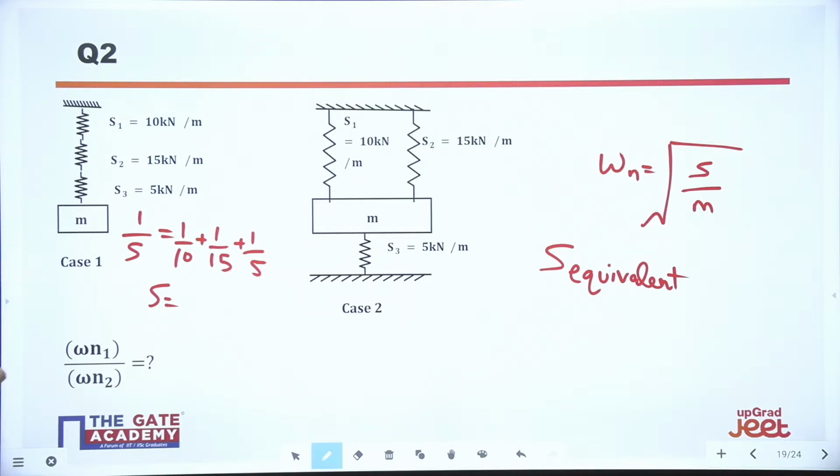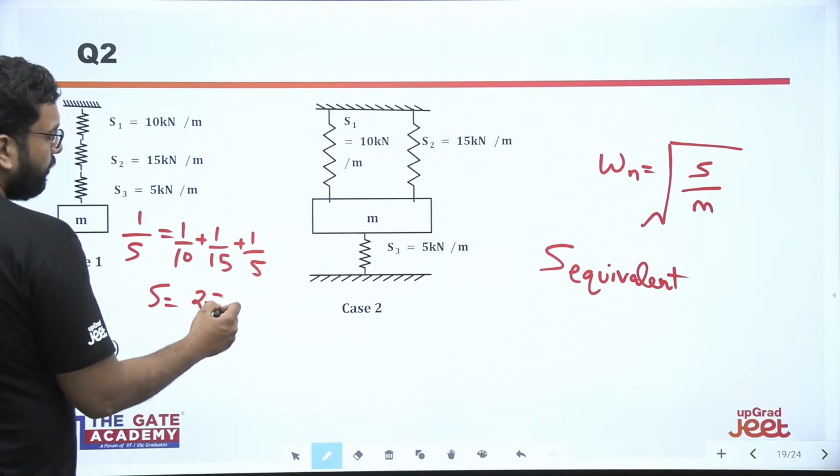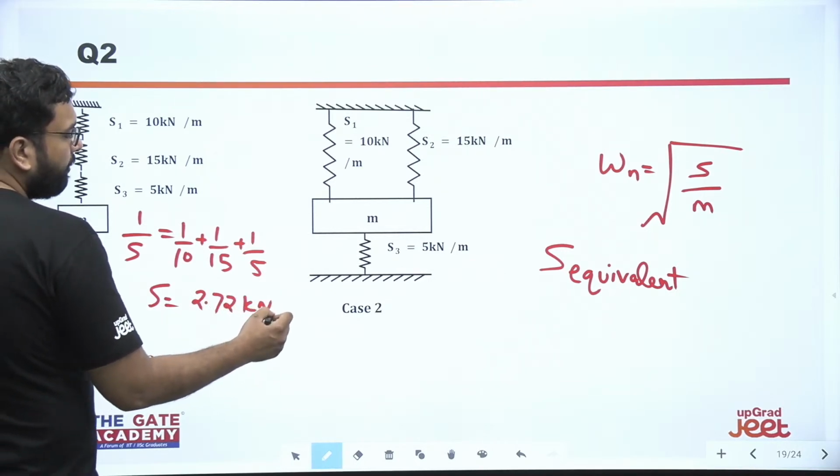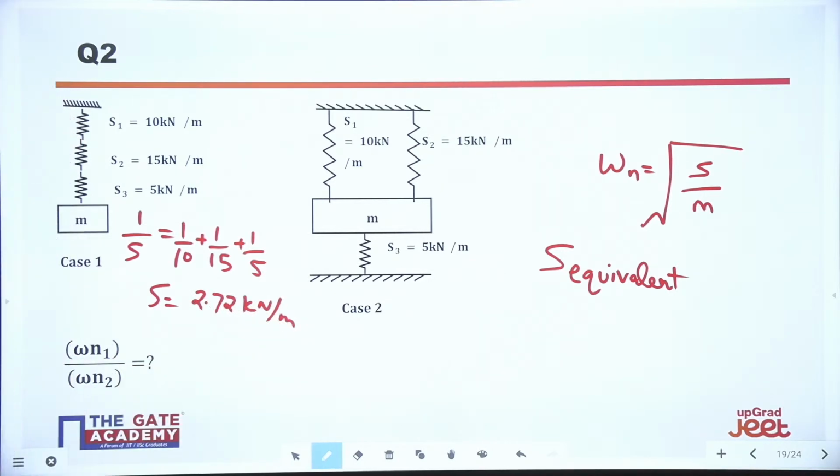So I think S is equal to 2.72 kilonewton per meter. Please have a check. Somewhere near this. Have I found it correctly?